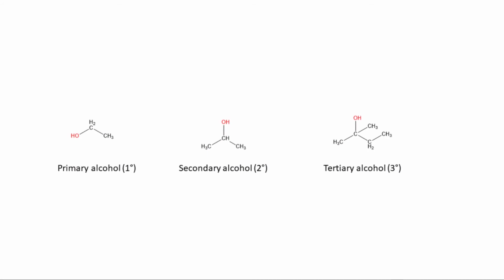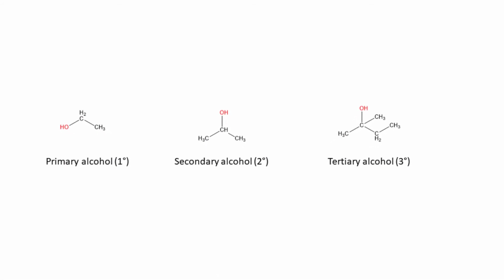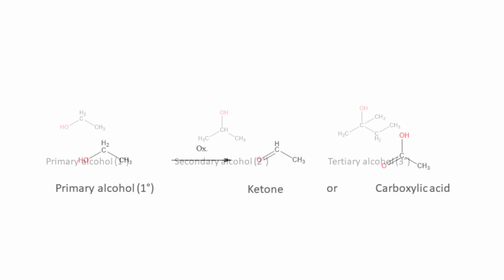Here we're just going to quickly review primary, secondary, and tertiary alcohols. Chromic acid will only react with the primary and the secondary. In the case of the primary, it gets oxidized and forms either an aldehyde or a carboxylic acid, and that depends on the strength of the oxidizing agent.